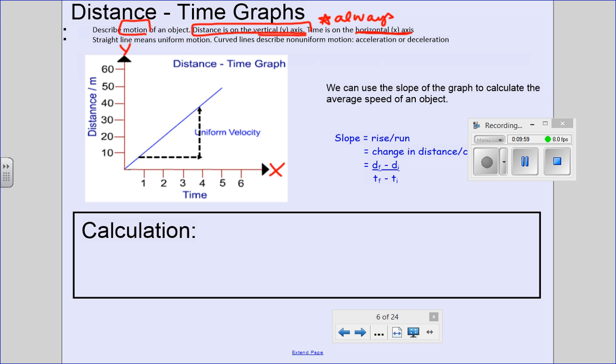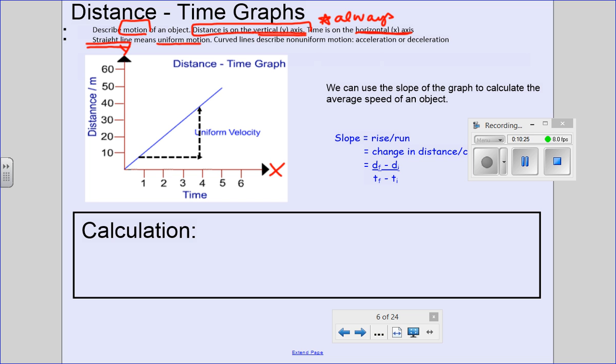Now, a distance-time graph helps us describe motion. So we don't have to just describe motion with words or with numbers. We could describe it with what a graph looks like. If you look at a graph and you see a straight line, that means uniform motion. And that's what we're talking about in this section right now. So your graphs should have straight lines in this section.